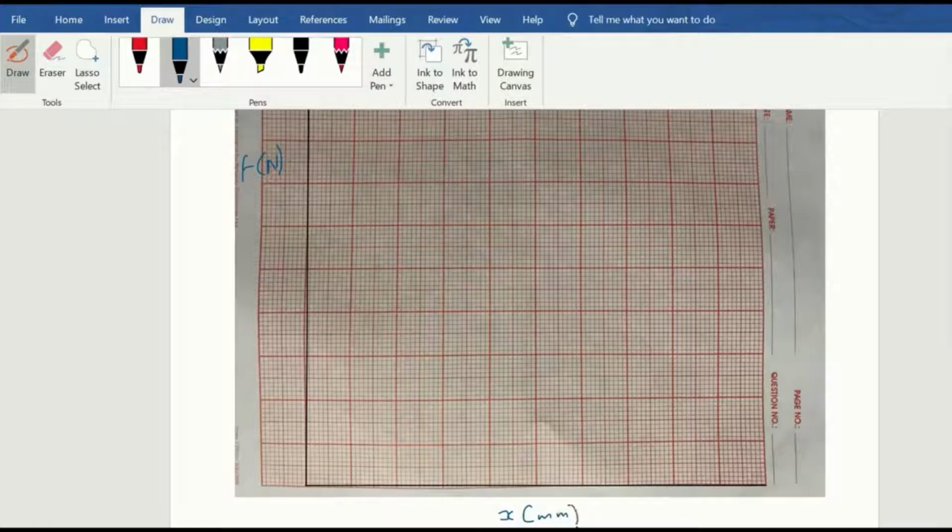So here's 0. On the x-axis, I will use a scale of 2 cm to 2 millimeters.